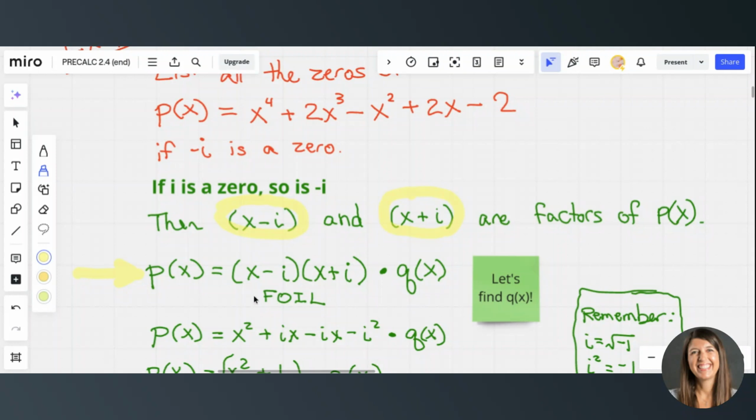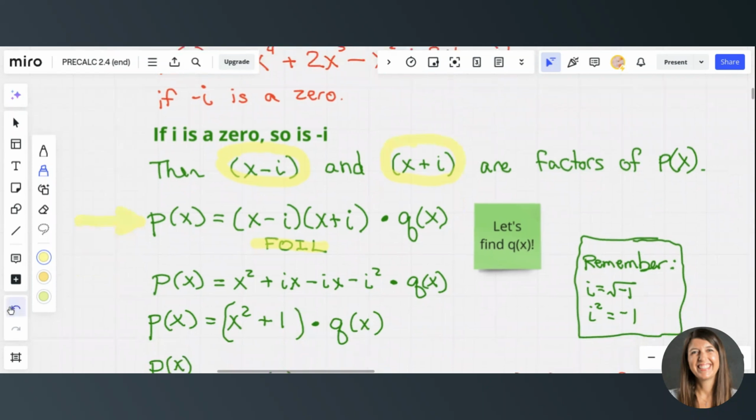All right, let's FOIL x minus I and x plus I. If we FOIL it, we get x squared minus ix plus ix minus I squared. This p of x and this q of x stay the same, and when I FOIL it, I get this term here.